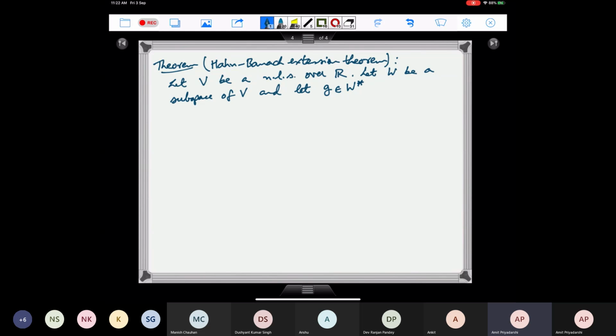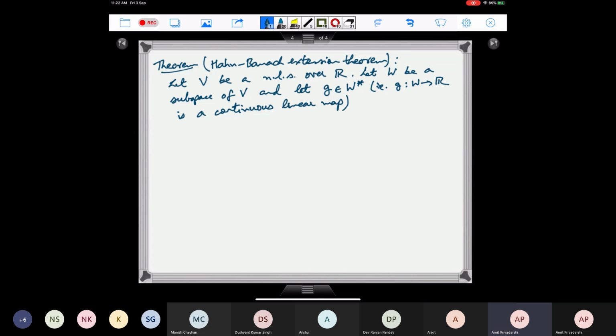Now, because we have a normed linear space, we can talk about the dual of the normed linear space. So g belonging to W star, recall that this means g from W to R is a continuous linear map.